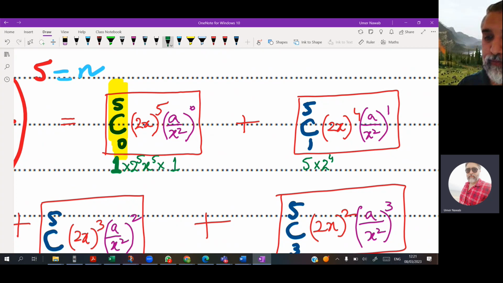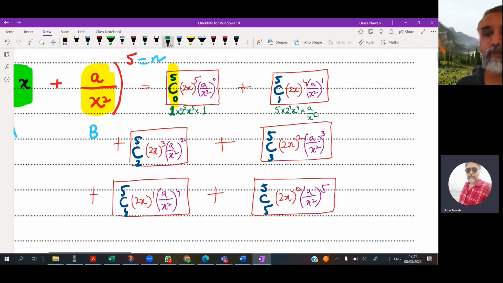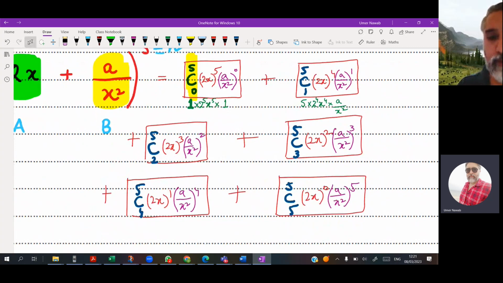Then 2 to the power of 4, and then x to the power of 4. Then a over x squared. This will give me 10.